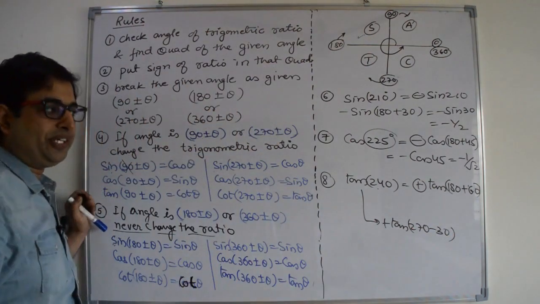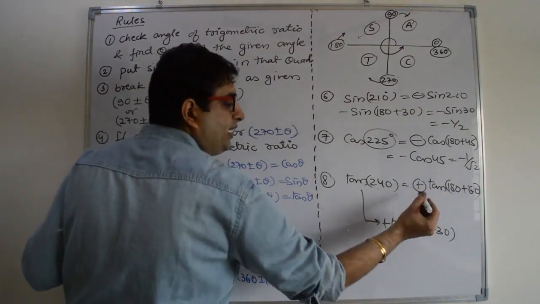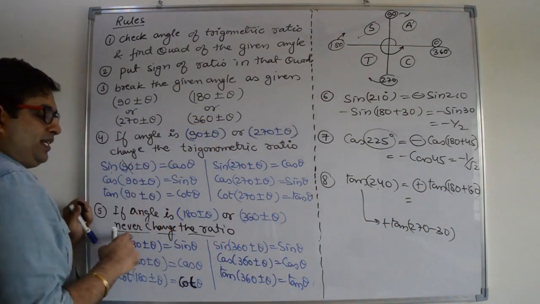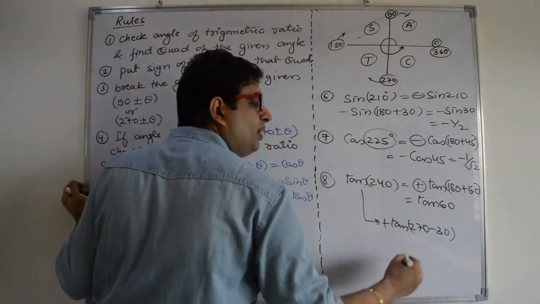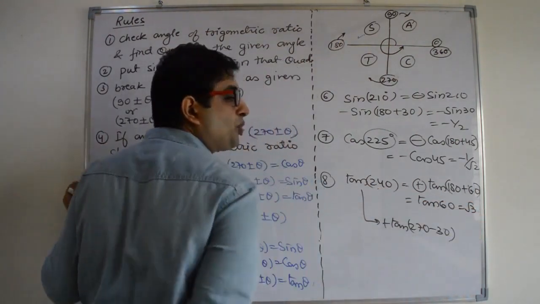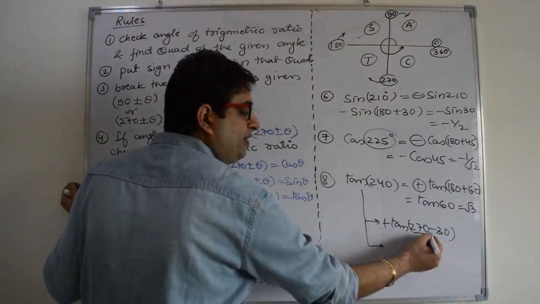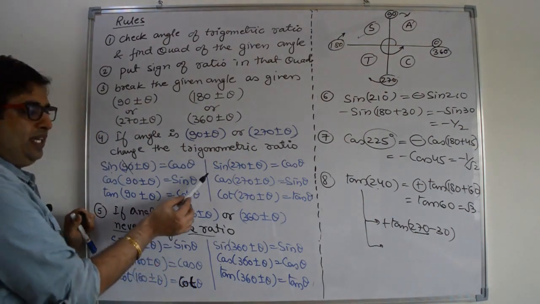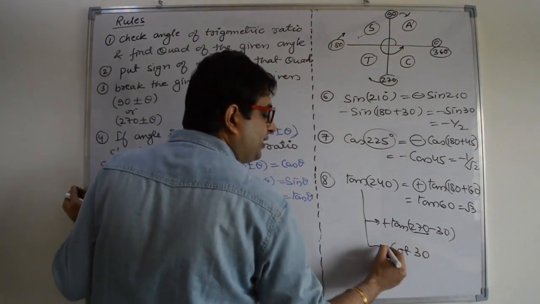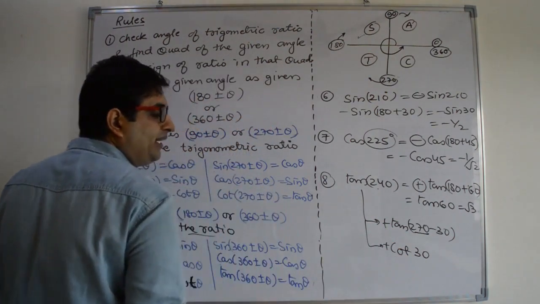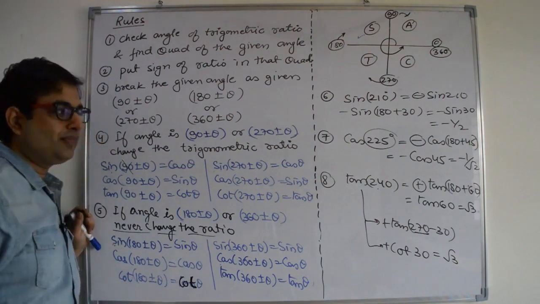Right? Both are 240. Because it is in third quadrant and for 180 plus minus, quantity will remain same, tan 60. So it is root 3, plus root 3 is our answer. From 270, for 270 we have to change the quantity, so it becomes cot 30. Cot 30 is again root 3. Right?